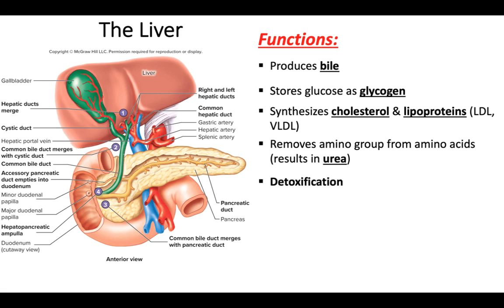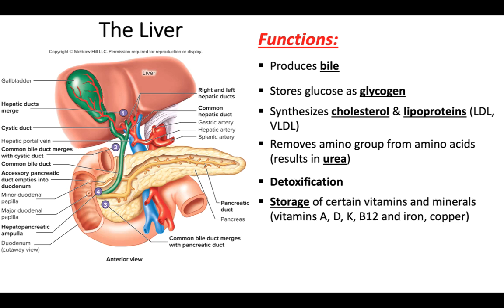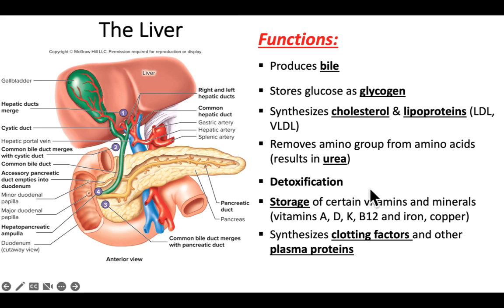It'll detoxify anything. It will store some things. It can store some vitamin A, D, K, and vitamin B12. It can also store some minerals like iron and copper. And then we've already learned these functions. It produces some of our clotting factors.